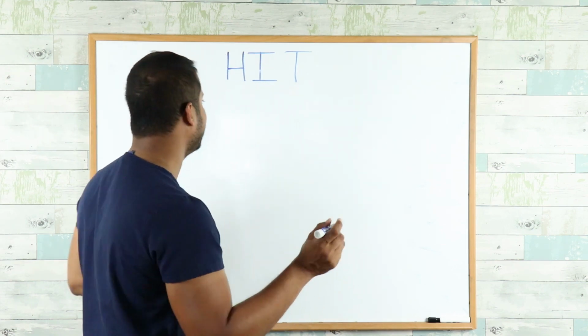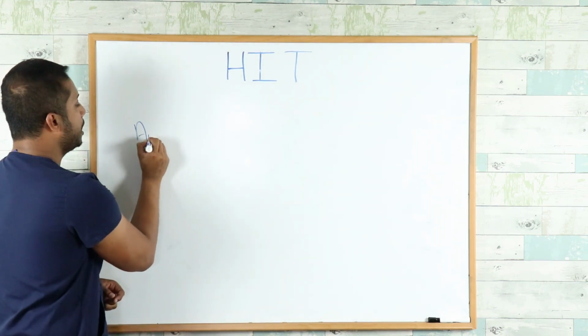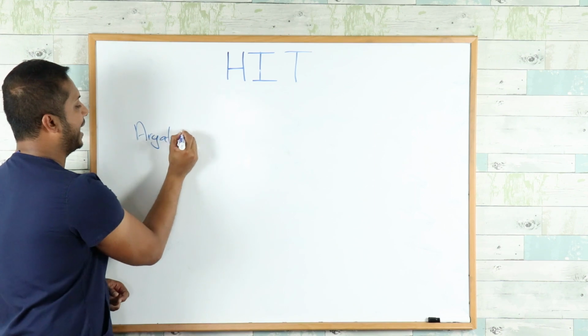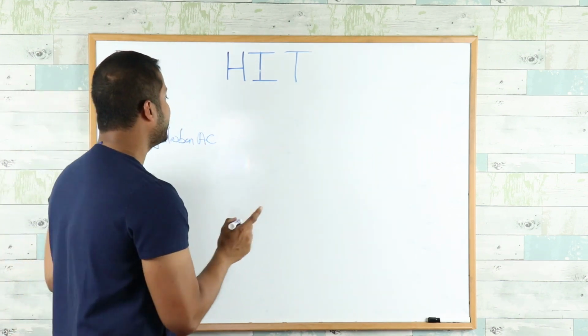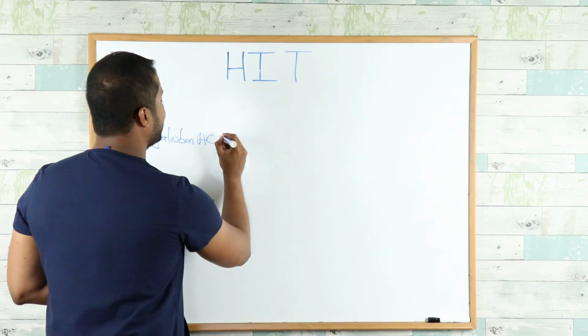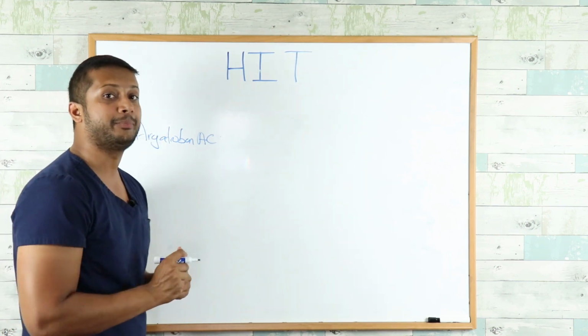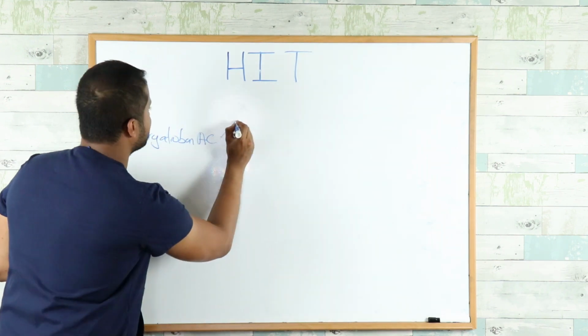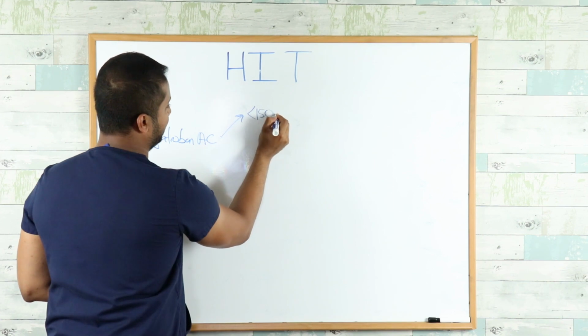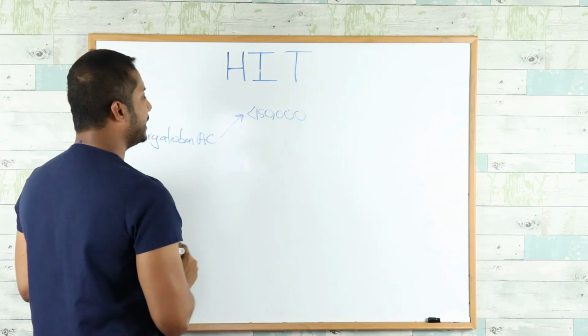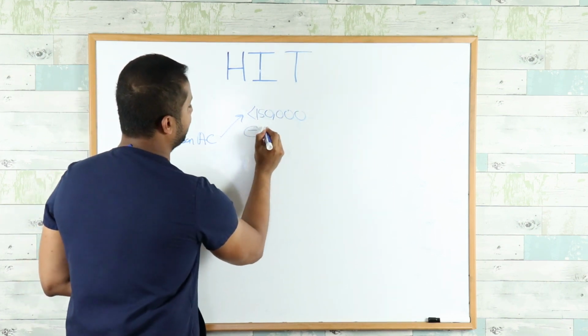So the question really is, you have to ask yourself two things. If you're starting the patient on argatroban, your next two questions are: what is the patient's platelet count, and does the patient have thrombosis? So for instance, if I told you the patient has a platelet count less than 150,000, and the patient does not have thrombosis.